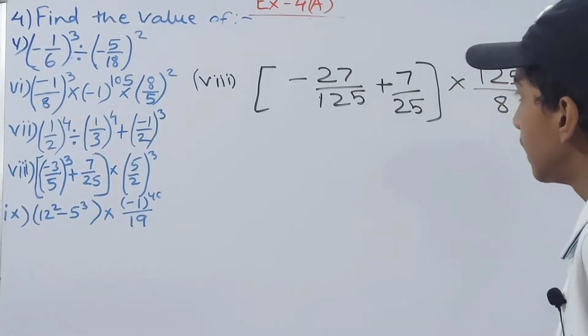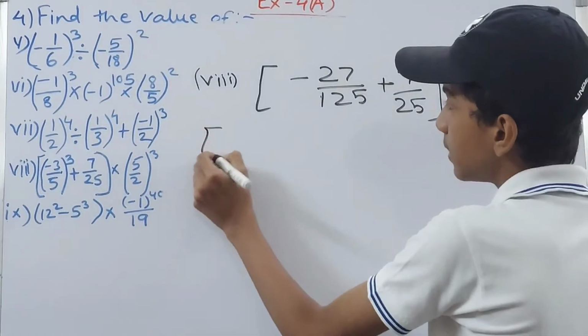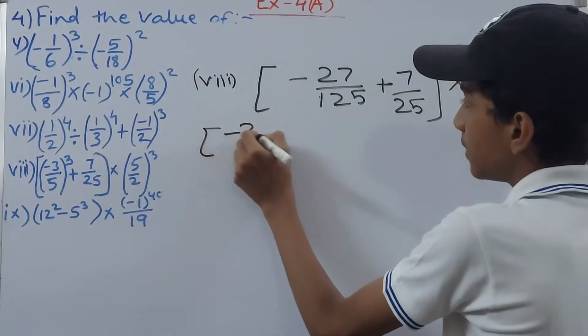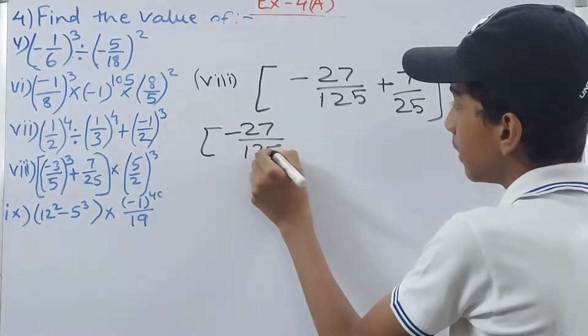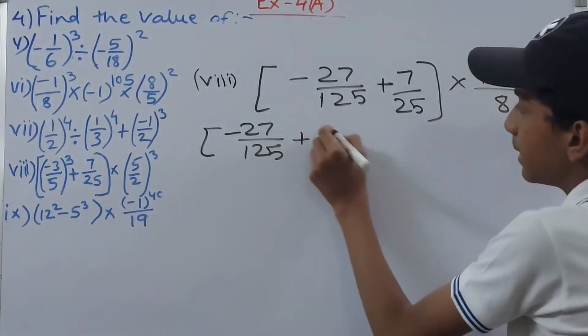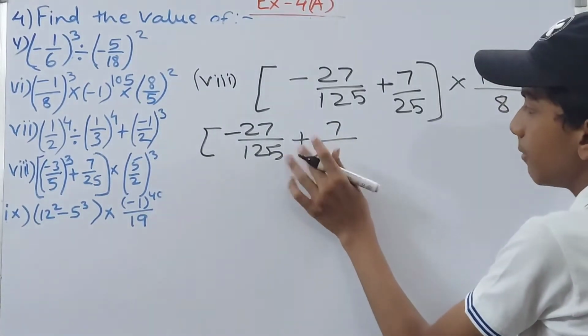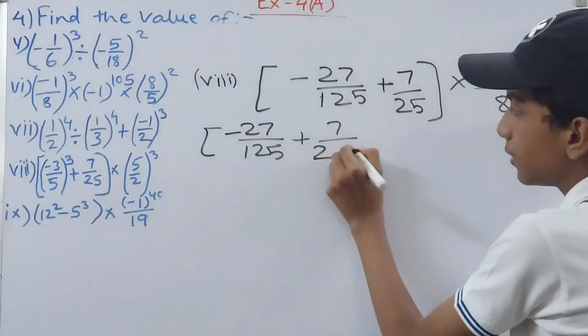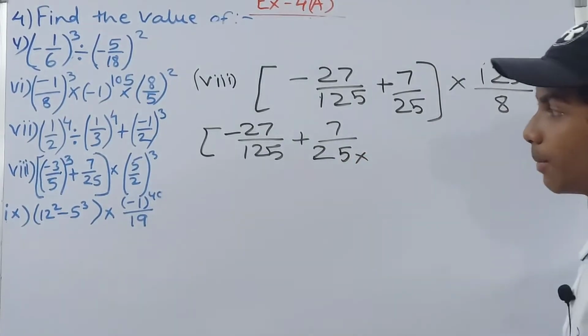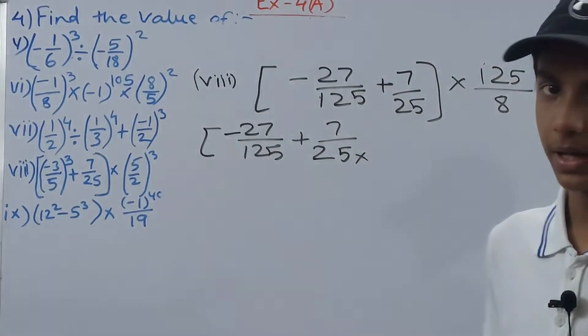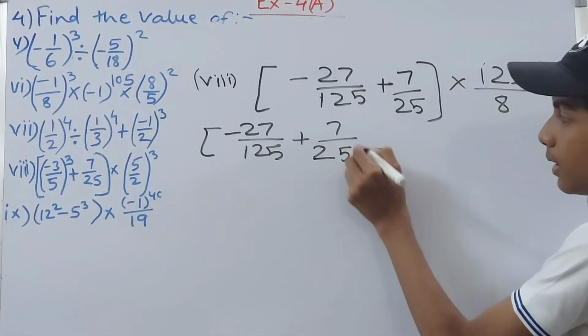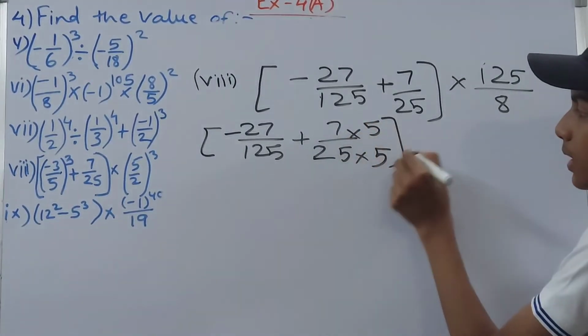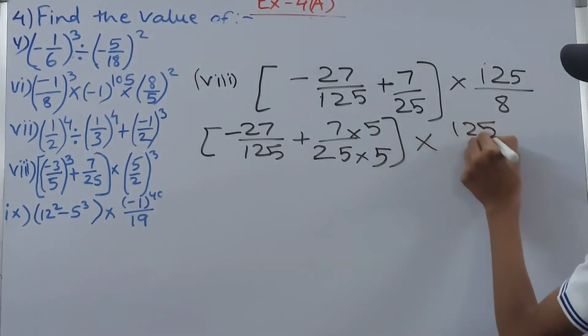How? See, minus 27 upon 125 plus 7 upon 25, we will multiply. Why? Because we need like fractions. So 25 into how many times will give us 125? 5 times if you do the multiplication, and into 5 here as well. 125 upon 8 will stay as it is.